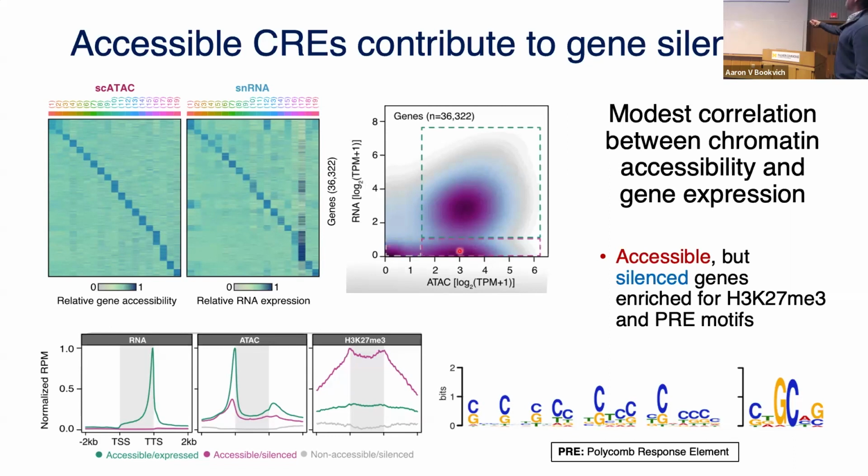And so when we take these genes that are accessible yet silenced, one of the things that we notice is that they're highly enriched for K27 trimethylation. In plants, and I think this is also the case in mammalian systems, K27 is a classic mark of developmental gene silencing. What was really interesting is that most people thought that K27 trimethylation is associated with closed, inaccessible chromatin.